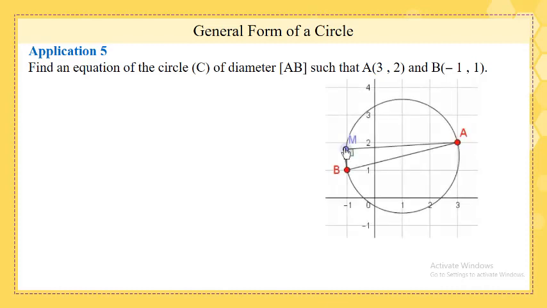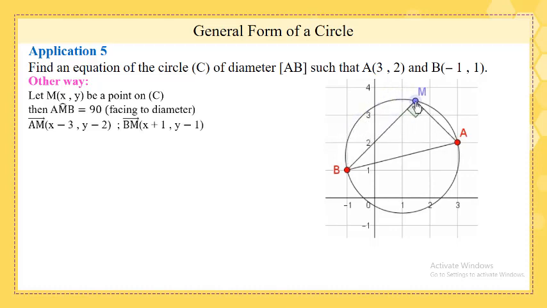To find the equation of C without finding the coordinates of the center or the radius, let M be any point on C. We know that the angle AMB is always a right angle, since it is an angle facing the diameter. The coordinates of vector AM are x minus 3, y minus 2, and that of BM are x plus 1 and y minus 1.